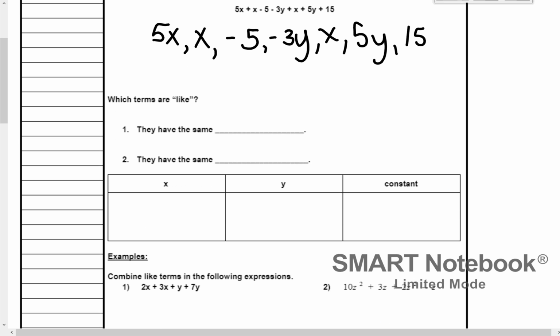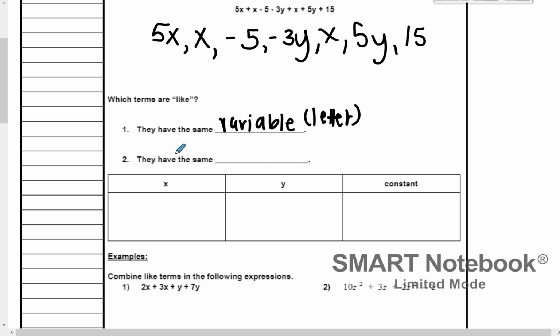Okay, we're going to talk about what terms are like, and I kind of talked about this yesterday. The first thing I said is that they have to have the same variable. Now remember, a variable are the letters. So having the same letter makes a term alike, but they could have the same letter and they're still not like terms.